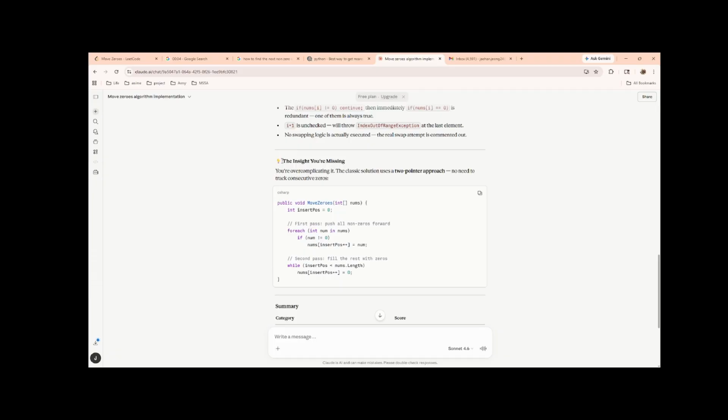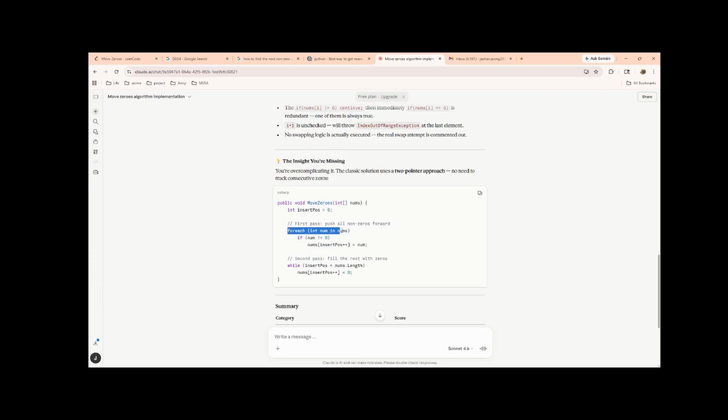So looking at the answer from Claude, they use a two-pointer approach for the move zeros problem. No need to track consecutive zeros. Yeah, I think that's what I was trying to do, and I didn't know how to do it otherwise. Reading the answer, the insert position is 0.